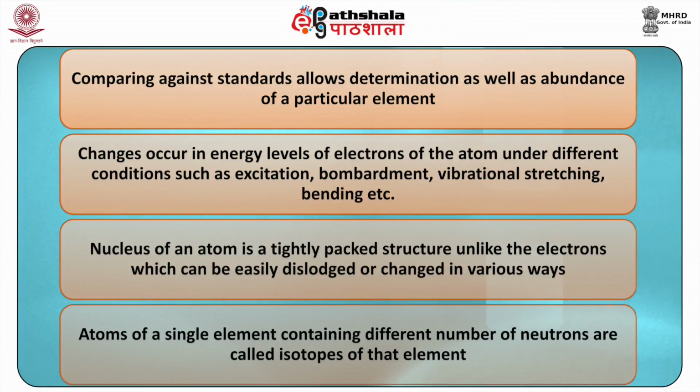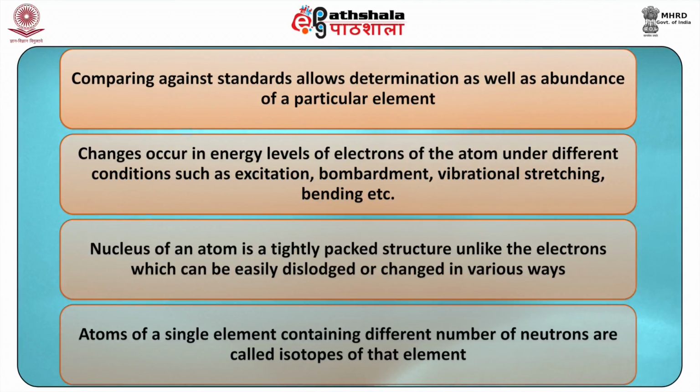Most of the instruments used in forensic science make use of the changes that occur in energy levels of electrons of the atom under different conditions such as excitation, bombardment, vibrational stretching, bending, etc. As we know, chemical differences between elements are a function of the number of protons in the nucleus of their atoms.